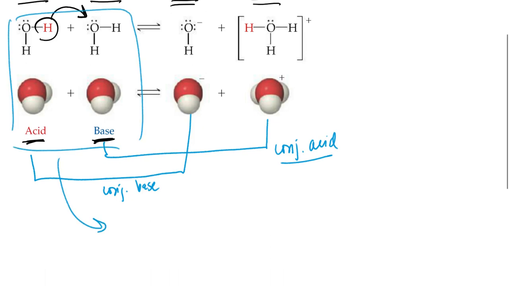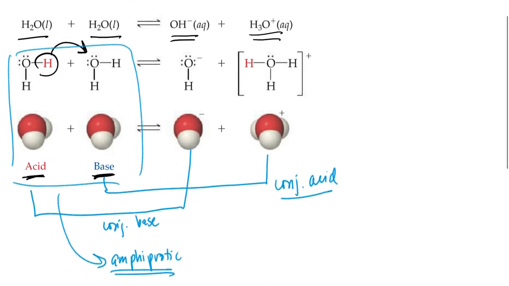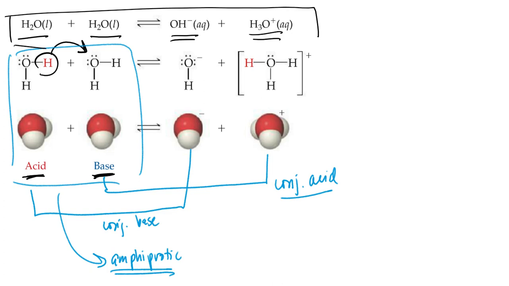Basically, we call species like water that have this property amphiprotic. Okay, those species that can behave both as acids and bases depending on what other species they happen to be interacting with.